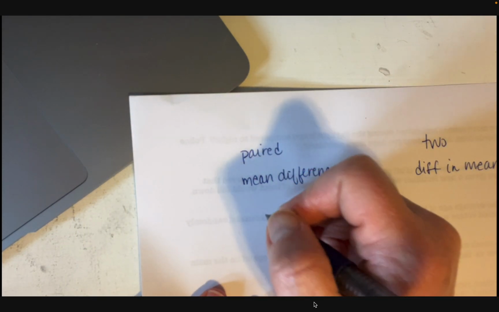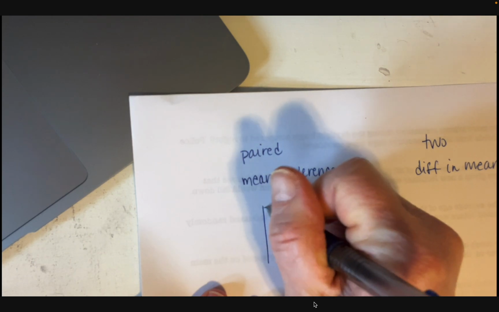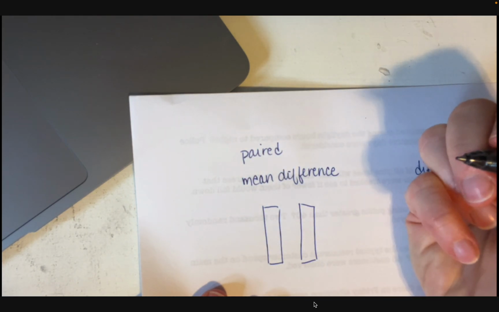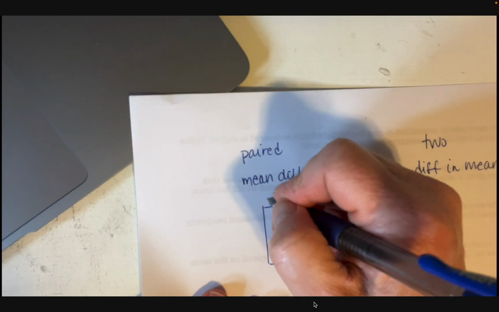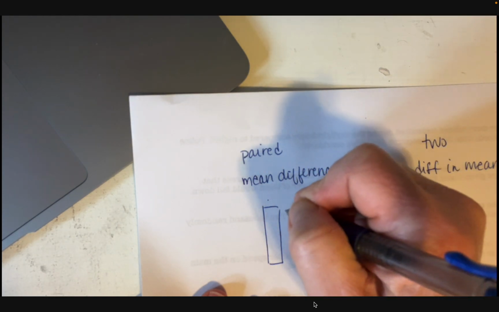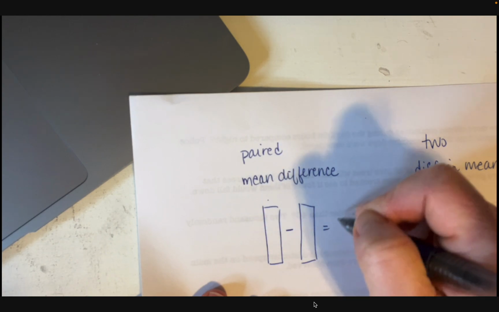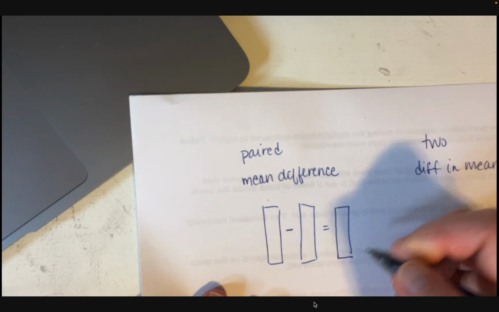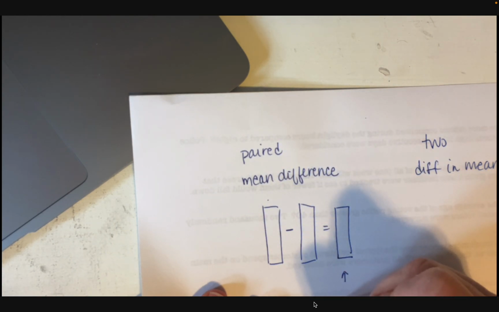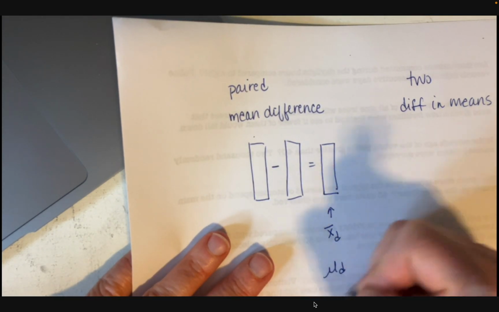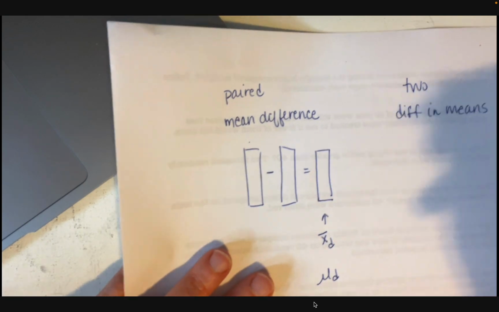What happens with your paired data is you have two scores for one person. Again, maybe this is teeth and this is hair. And what you do is you subtract the two and then you come up with the difference. And then you find the mean of those differences to test something about the true population difference.